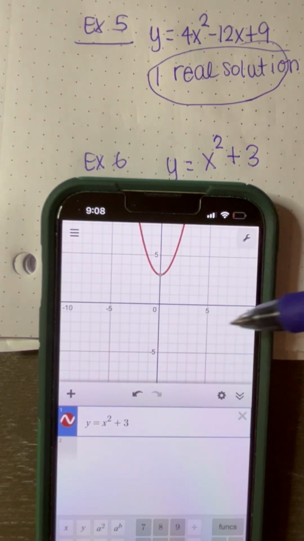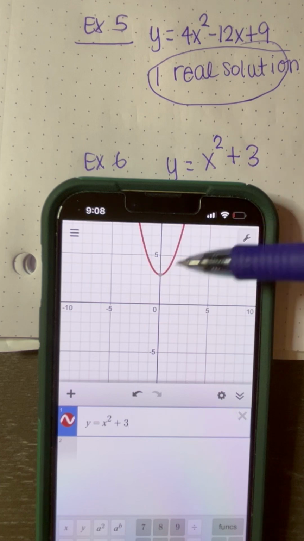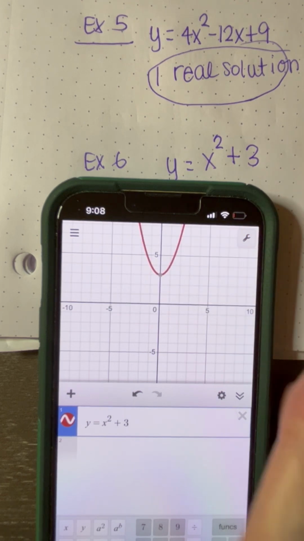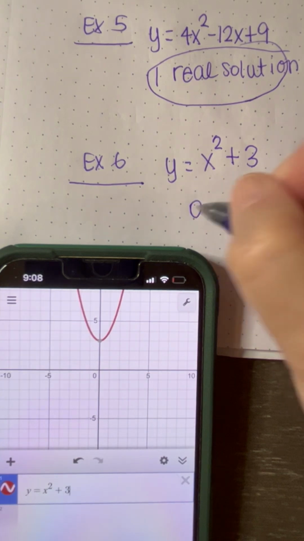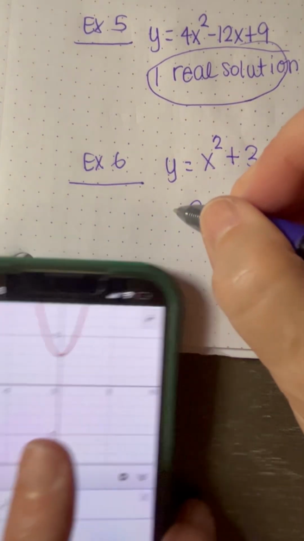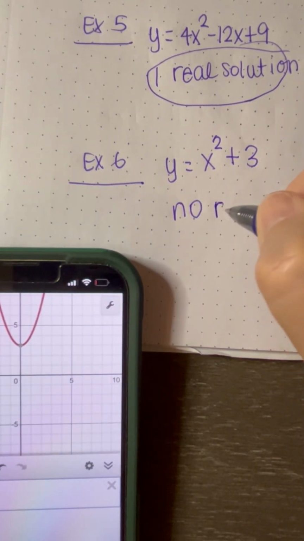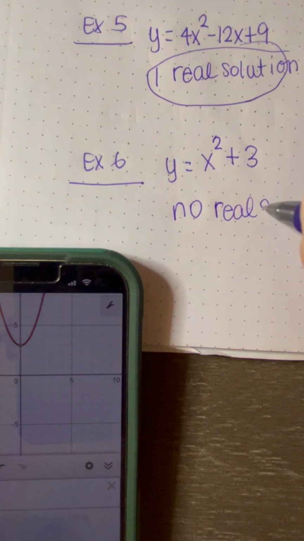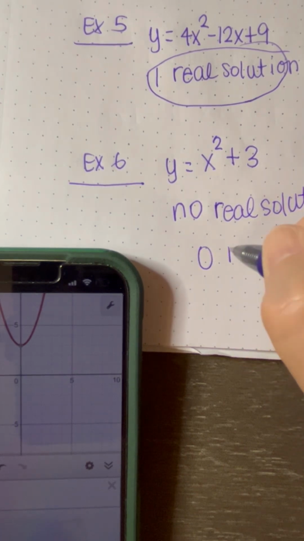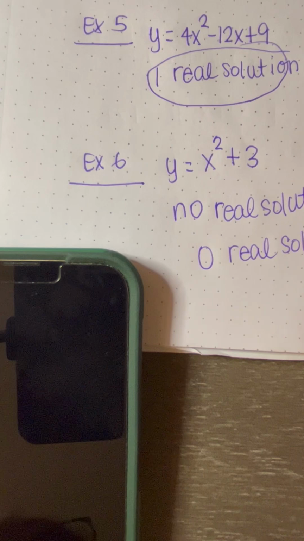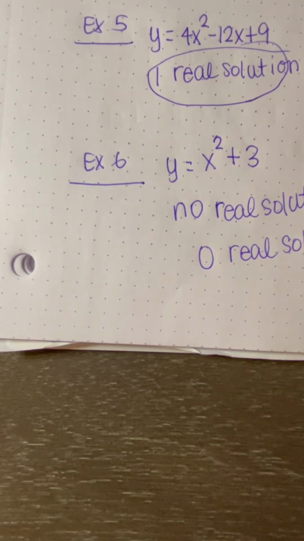Here's my x-axis, and what you'll notice is this time this u is not touching that x-axis. It doesn't get anywhere near it. So this would be no real solutions. You could say that there are 0 real solutions for this one. So that would also be an acceptable way to answer that question.